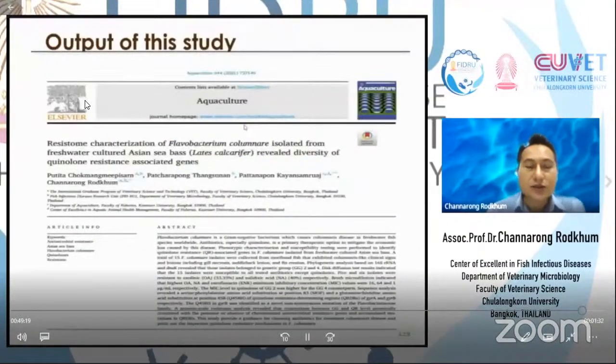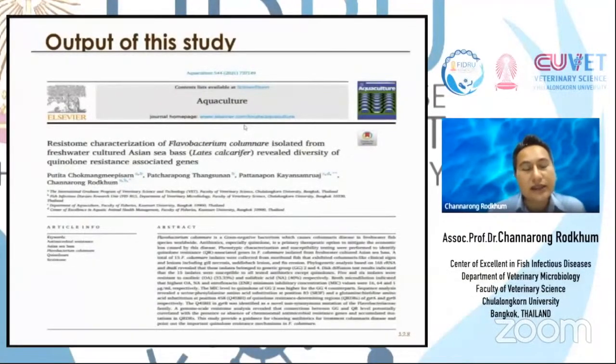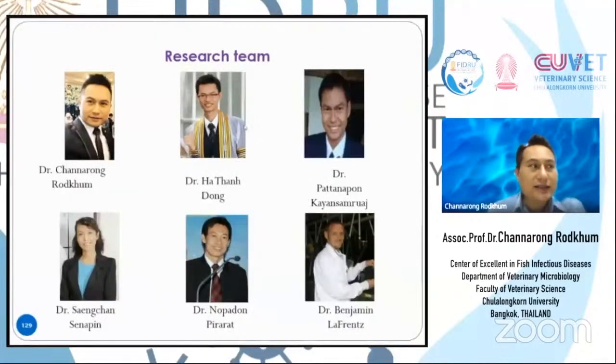The results and conclusion obtained from our study were published in Aquaculture, titled Resistome Characterization of Flavobacterium columnare isolated from freshwater cultured Asian sea bass reveals diversity of quinolone resistance associated genes, just recently published in 2021. Okay, that is all for my talk and case study.